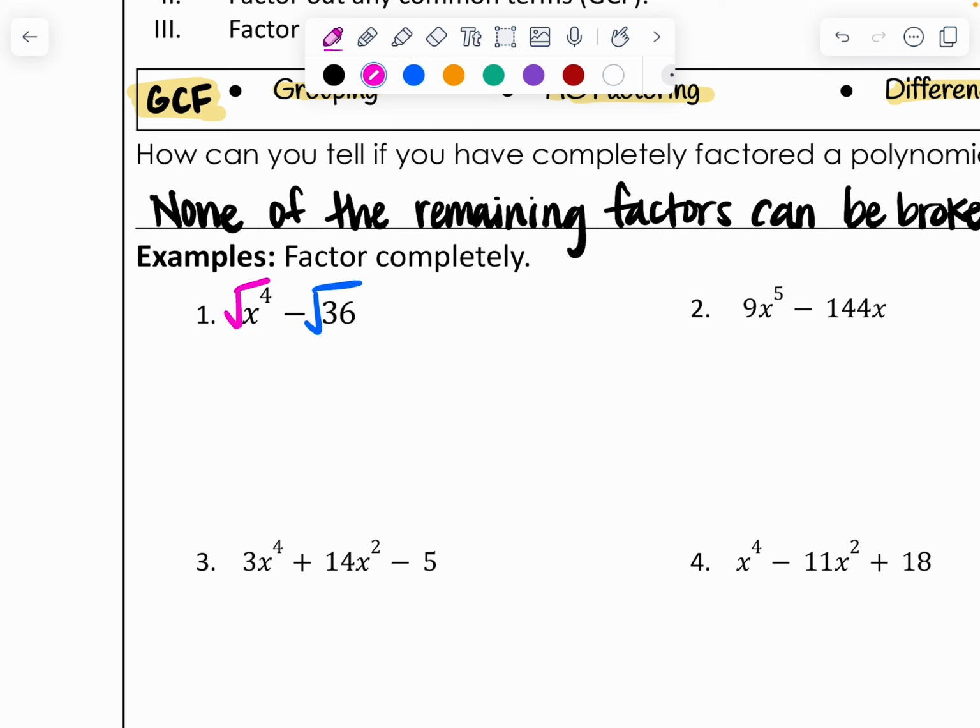The square root of x to the power of 4 is x squared because the square root of 4 is 2. And then the square root of 36 is 6. So I'm going to get my two sets of parentheses, one with a plus, one with a minus. And now I have factored that polynomial.